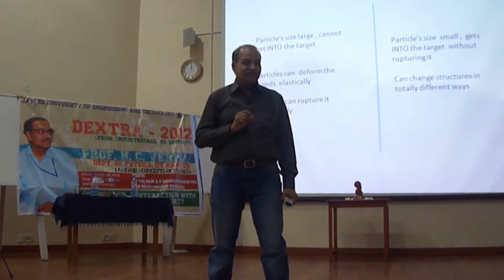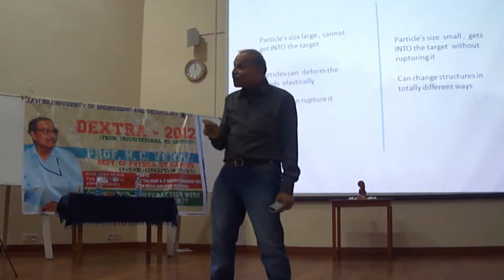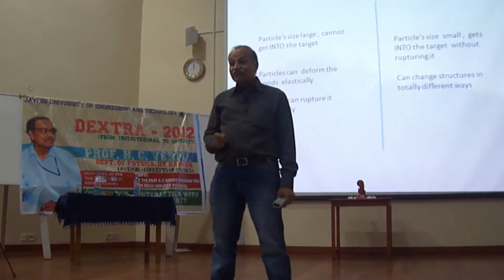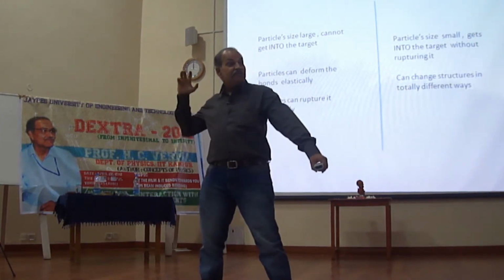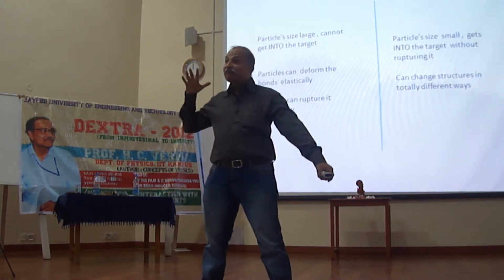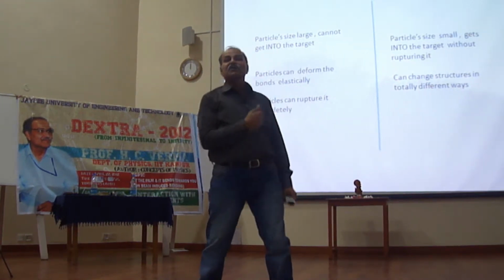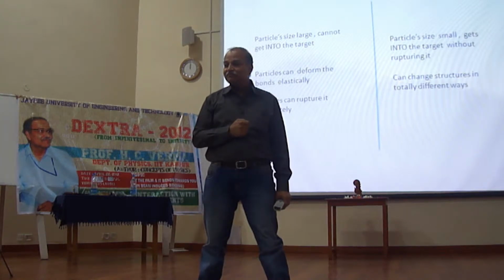So what is there inside a proton? If you want to know what is there inside a proton, the technique is to let electrons of some 500 mega electron volt kinetic energy fall on the proton.